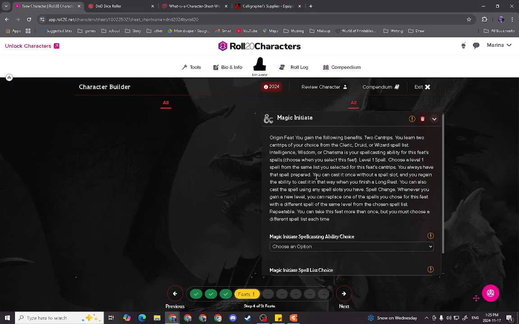And you can have a single first level spell. That means that you always have this spell prepared. You don't have to do anything to prepare it. But you have to finish a long rest in order to use it again. Unless you have what's known as spell slots, in which case you have to take a short rest. Oh, okay.